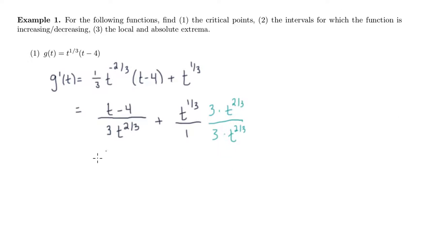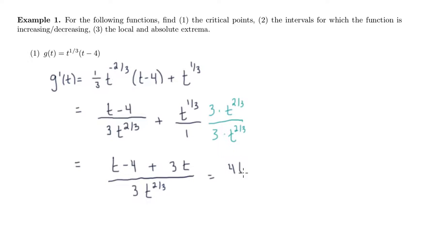And what am I going to get? Well, this is t minus 4 plus 3t, so t to the 1/3 times 3 times t to the 2/3, it's just 3t, all over 3t to the 2/3, which is t plus 3t, so 4t minus 4.